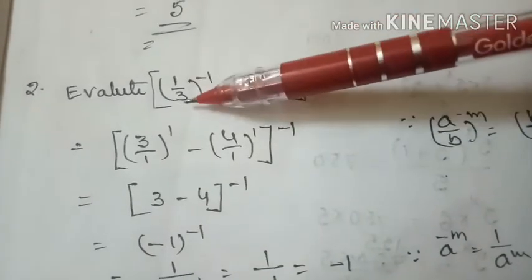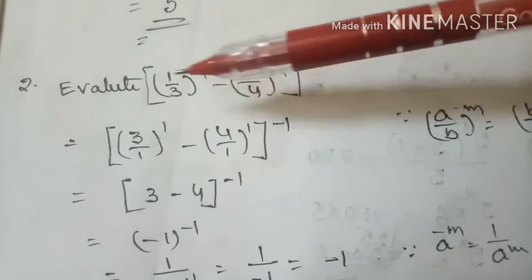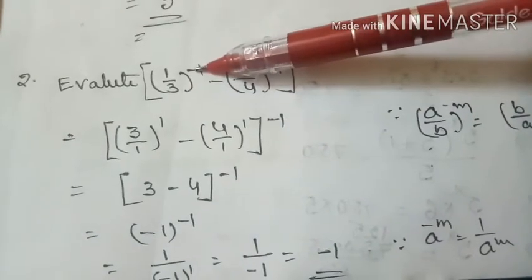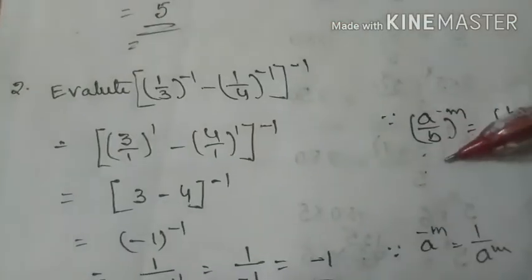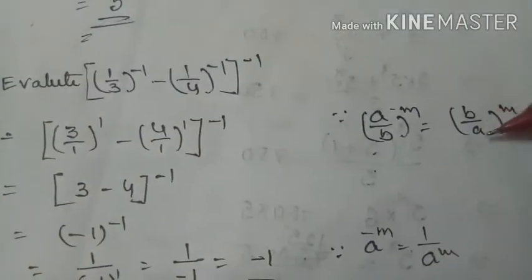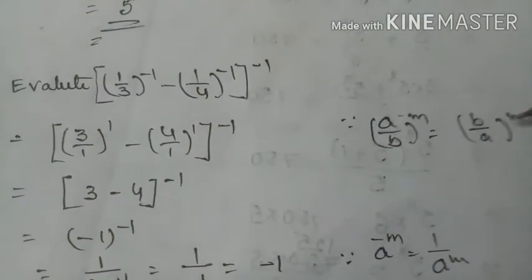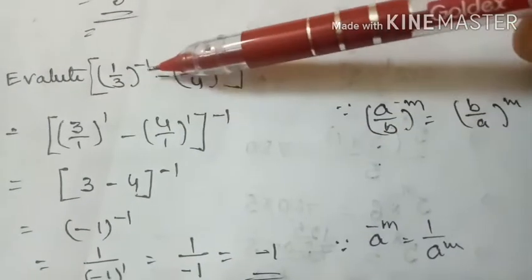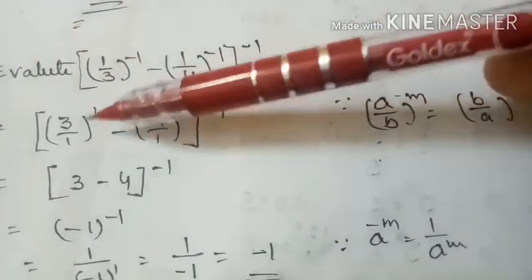So 1 by 3 whole to the power of minus m. We know that a by b whole to the power of minus m is equal to b by a whole to the power of plus m. So 1 by 3 becomes 3 by 1 whole to the power of positive, negative becomes positive.